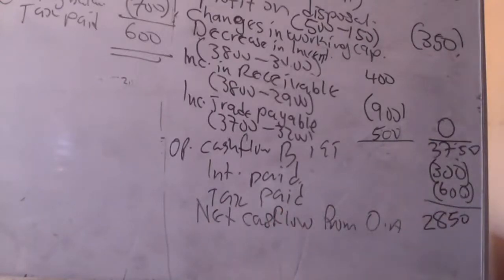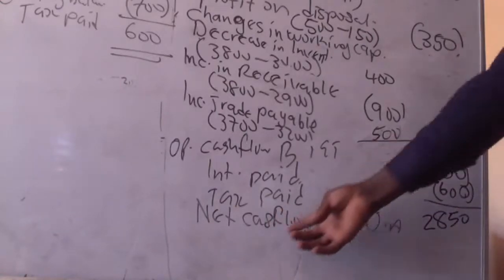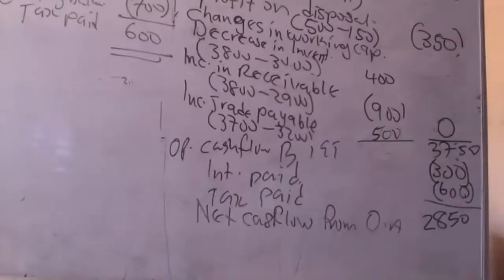But if you don't want trouble, just write net cash flow. Sometimes your additions are supposed to be negative, you didn't make it negative, and then you are saying it's inflow. So take note of that.